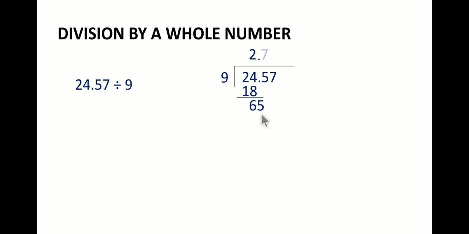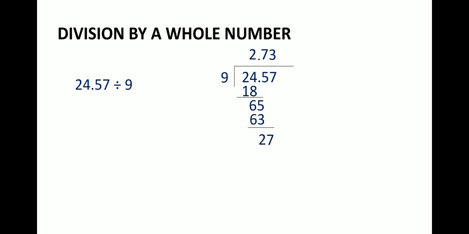So 9 times 7 gives 63, and subtracting 63 from 65 will get 2, and we'll bring down this 7 now. So bringing 7 gives us 27 down here. Now 9 will divide this 27 3 times.